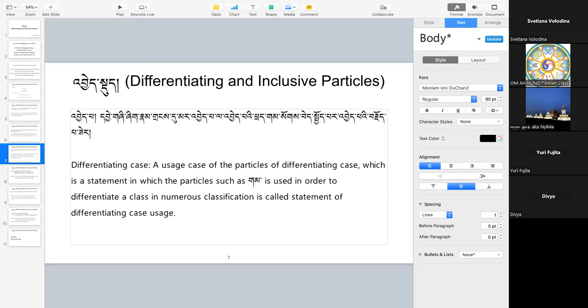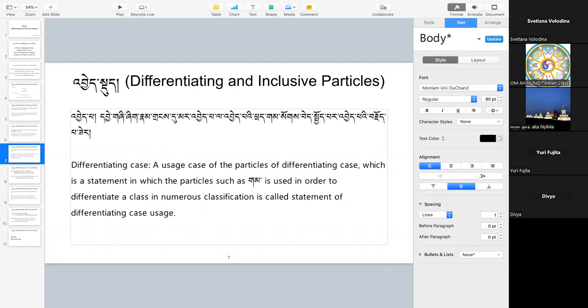So it is a usage case where you apply these particles, a statement in which particles such as these are used in order to differentiate a class into numerous classifications. It is called a statement of differentiating case usage.